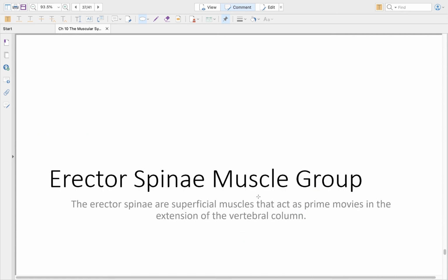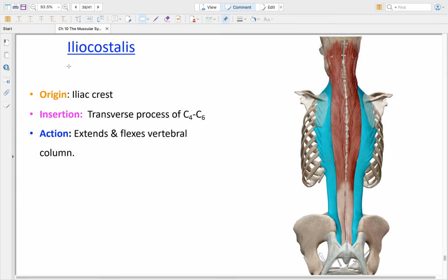The erector spinae muscle group. Okay, the erector spinae muscle group are a group of muscles that are superficial, meaning that they're not deep in the body, and they act as prime movers in the extension of your vertebral column. Now, I'm going to go over a few of these, the key ones. We're going to start with the iliocostalis.